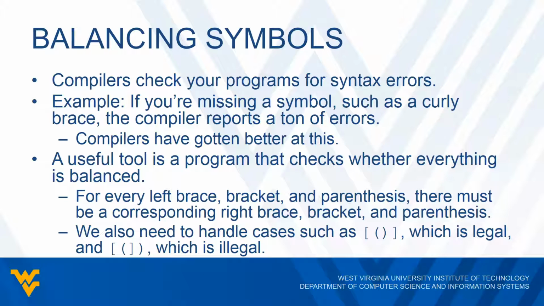We also need to be able to handle cases where we have symbols inside of other symbols. For example, if we have a pair of square braces and then parentheses inside of it, that's fine. But if we have a square brace and then a parenthesis and then a square brace and then another parenthesis, where they're closing on top of each other, that's not fine. So we need to be able to handle these types of cases.